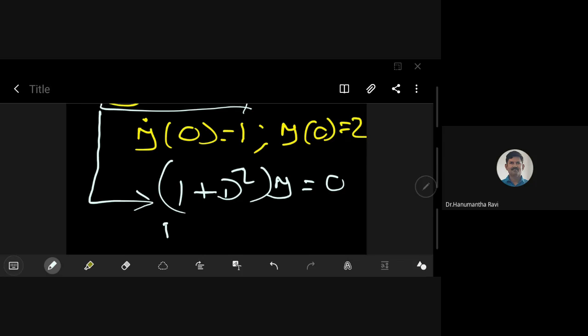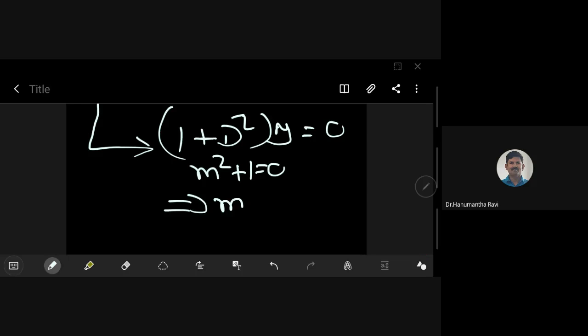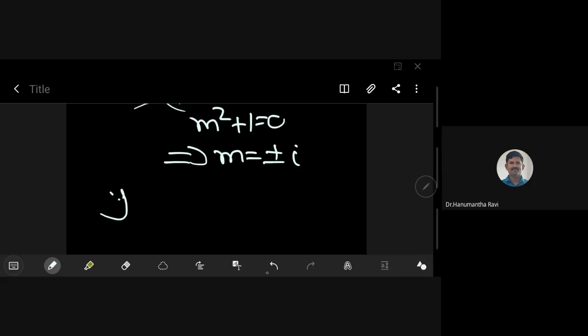So D square is minus 1 here. The auxiliary equation is m square plus 1 equal to 0, so m is equal to plus or minus i. So our y is a cos x plus b sin x.